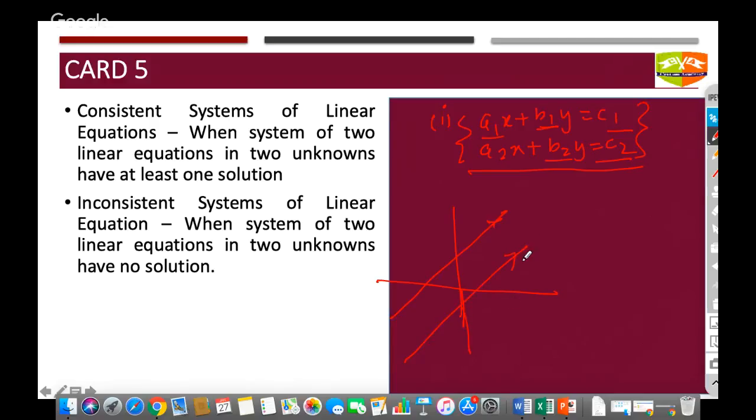When two lines are parallel, they do not meet each other at any point, or for any common value of x and y, because there would be no intersection of these two lines. So when two lines are parallel, no value of x and y satisfies the two equations simultaneously.